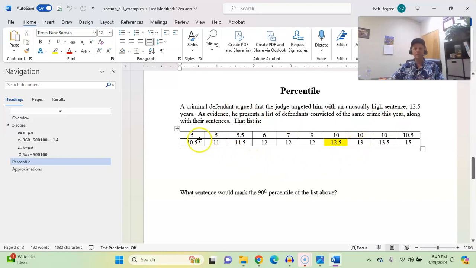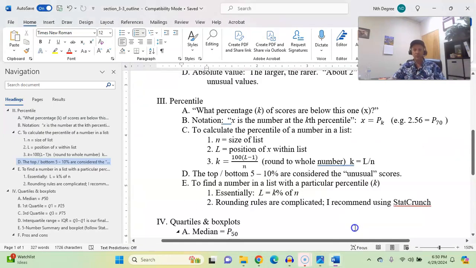Here's that list, ordered from smallest to largest. You can see that the minimum sentence in this list was 5 years. Here's another 5 years, 5.5, and then they range all the way up to the maximum of 15 years. And the particular defendant of interest is highlighted here as 12.5. So how would we calculate that defendant's percentile in this list?